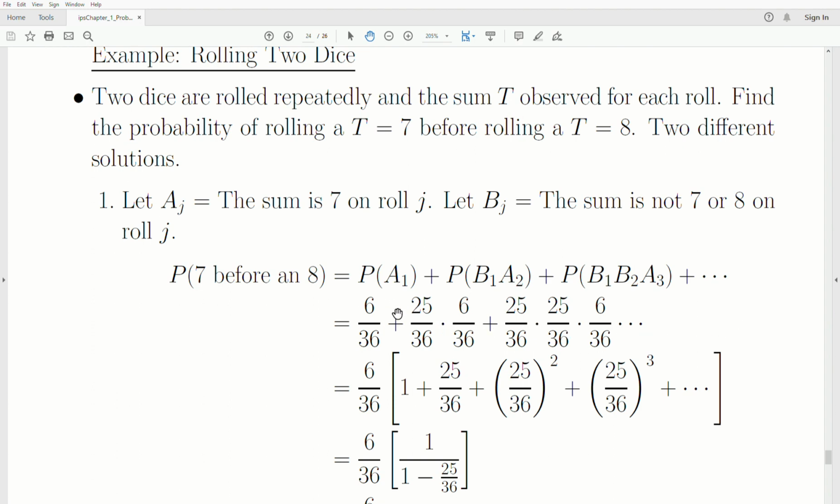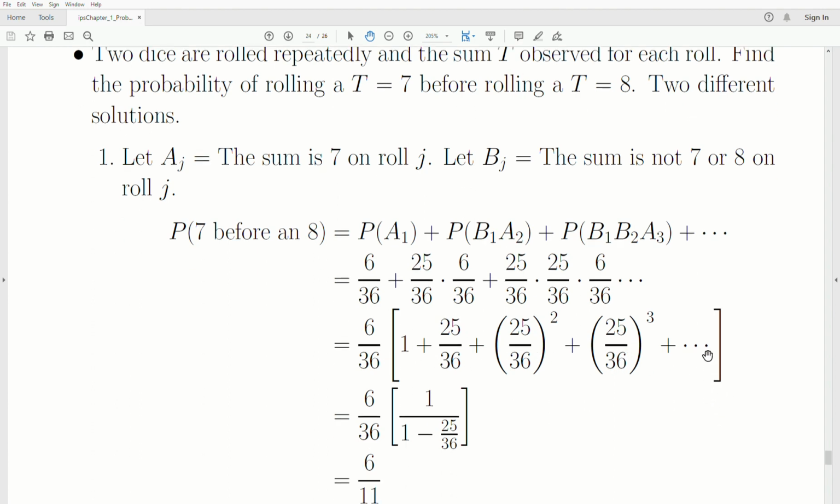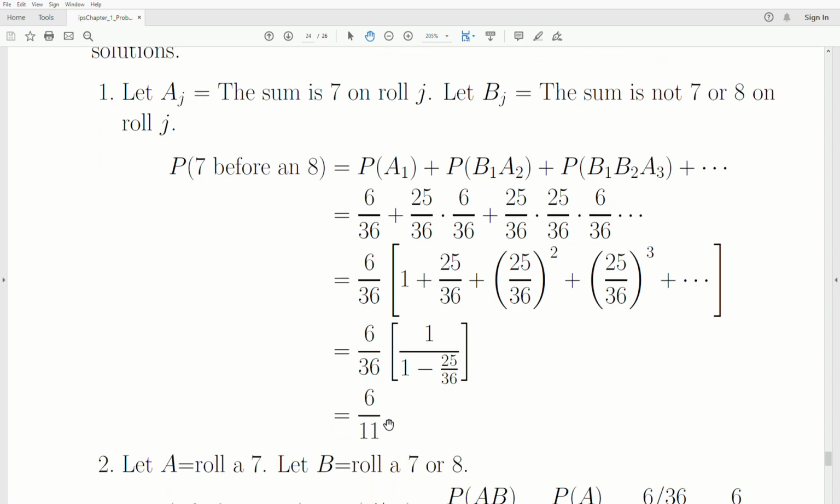So if we factor out 6/36, we get this right here. Each of these probabilities is less than 1, so this is a geometric series which converges to 1/(1 - 25/36). Then you can calculate this to be 6/11. And so this is the probability we roll a 7 before we roll an 8.